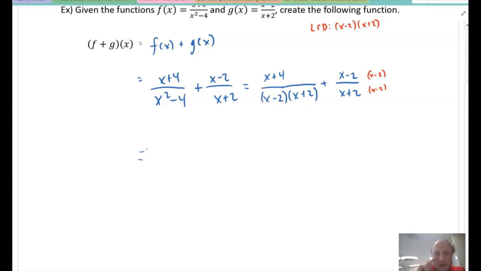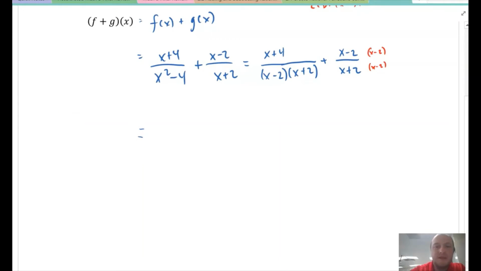So what we get is x plus 4, plus, and over here this is going to give us x squared minus 4x plus 4, all over our denominator.